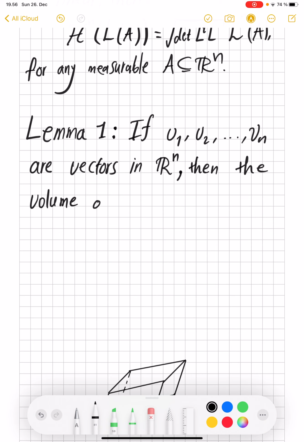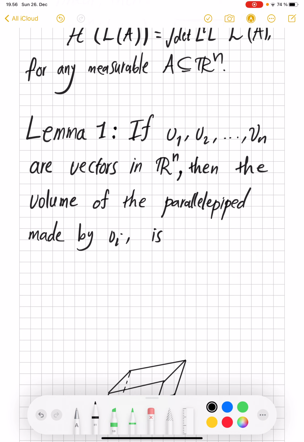Then the volume of the parallelepiped made by the vi is the absolute value of the determinant of the matrix whose columns are v1, v2, up to vn.